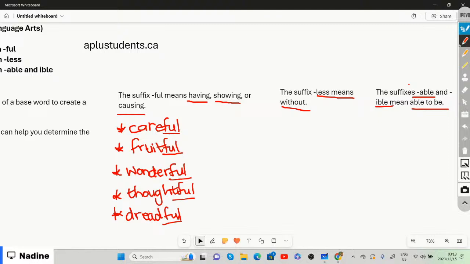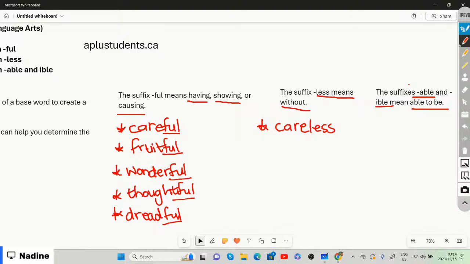Now we can go on to suffixes with less. If we look at the word careful, it means full of or having or showing lots of care. But now we have another word, careless, and careless means without care.